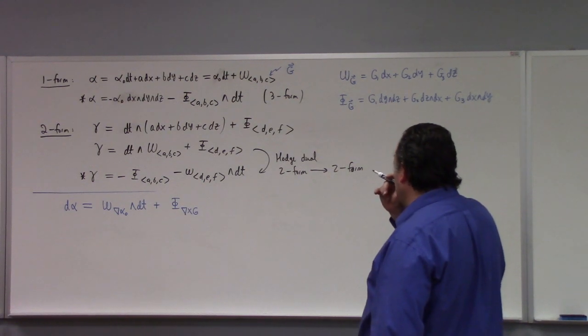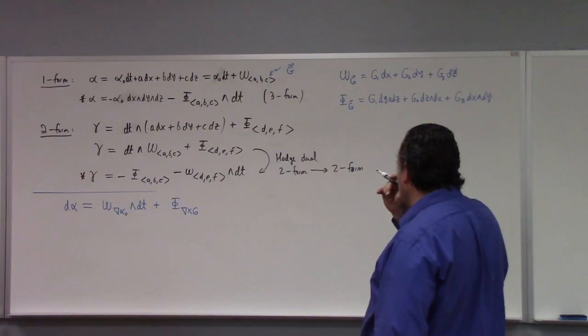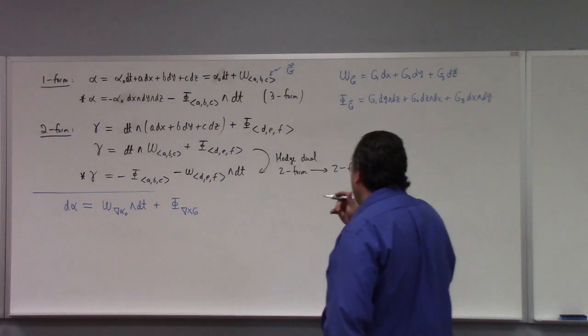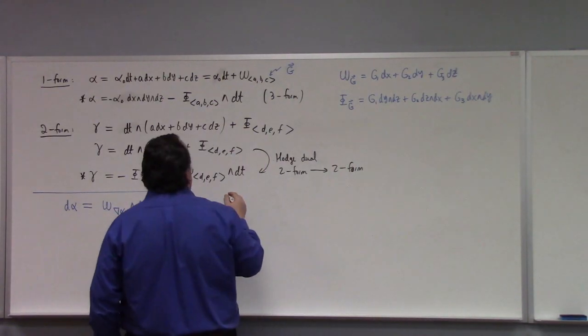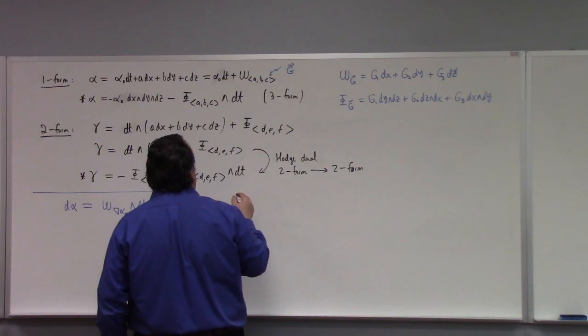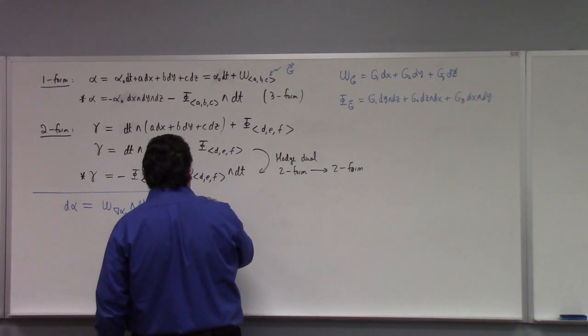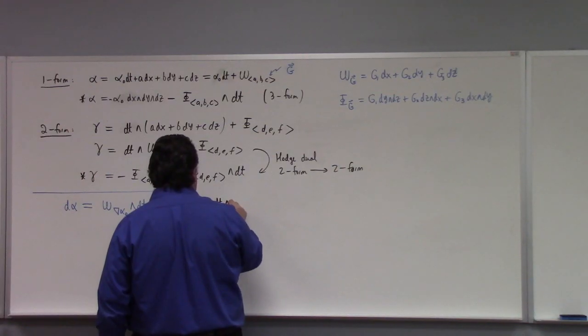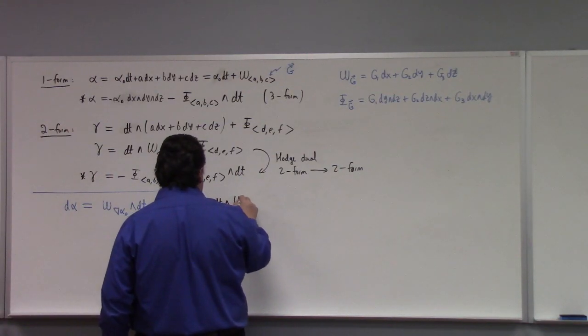And I think what that is is dt wedge the work form of the partial derivative of g with respect to t.